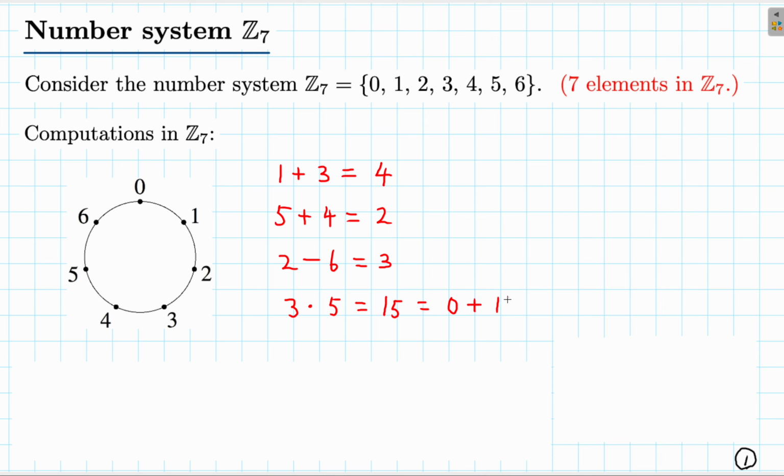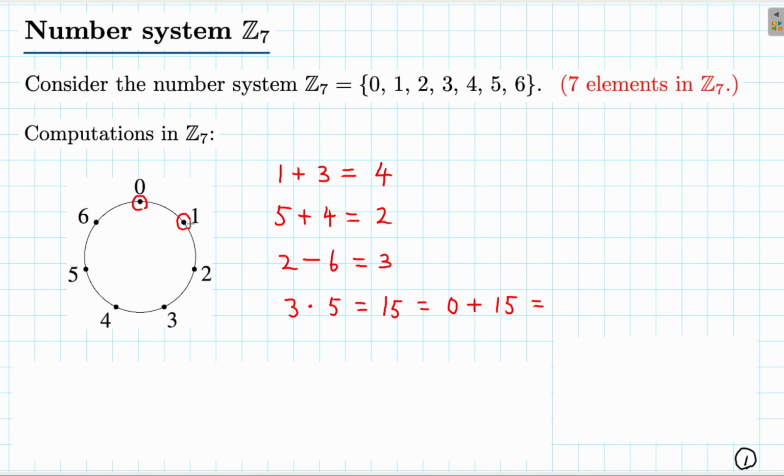0 plus 15. Now that means we start at 0 and move 15 units clockwise, since we're adding 15. So rather than drawing the arrows, I'll just start here and go 1, 2, 3, 4, 5, 6, 7, 8, 9, 10, 11, 12, 13, 14, 15.